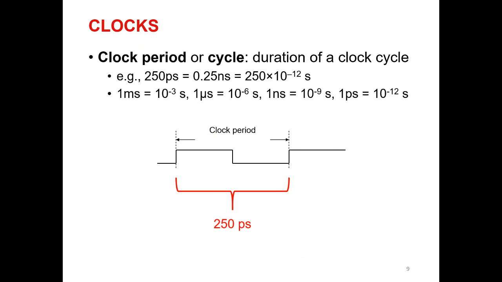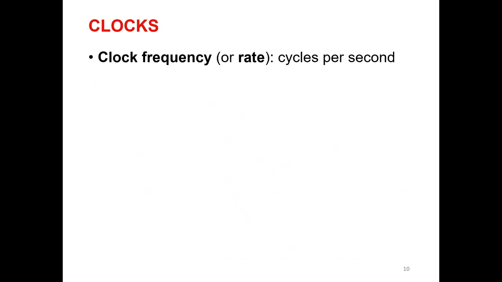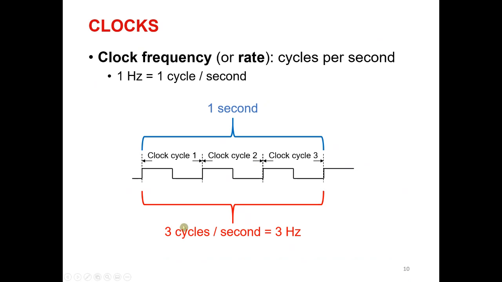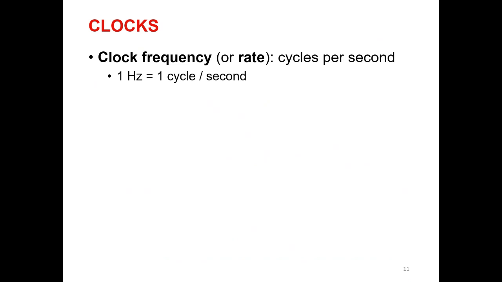The other metric is called clock frequency or rate, which is just the cycles per second. For instance, imagine that I have 3 cycles. If those 3 cycles take 1 second, the clock frequency will be 3 cycles per second, in this case 3 Hertz. This clock frequency is usually measured in Hertz, and probably you are familiar with gigahertz.